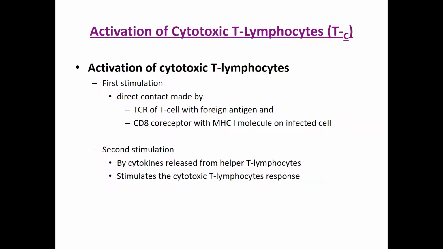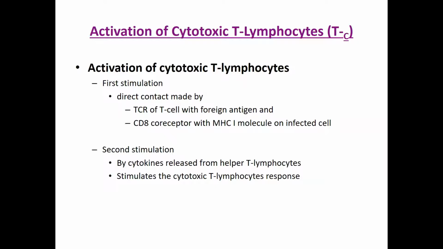So cytotoxic T-cells can only be activated by antigen being presented coupled with MHC1 on the surface of an abnormal cell. There is a second stimulation as well, and I mentioned this a bit in the previous video, and this is by a boost, basically, from helper T cells.